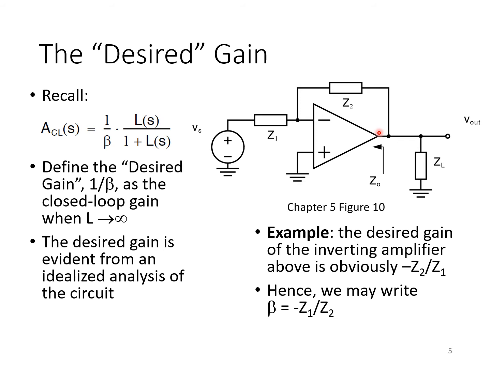Instead, another way to think of it is to simply recognize that we're all very familiar with the fact that the desired gain of this circuit is negative Z2 over Z1. So therefore, we can write the closed loop gain in this form if we think of this term over here instead of 1 over beta as being the desired gain.